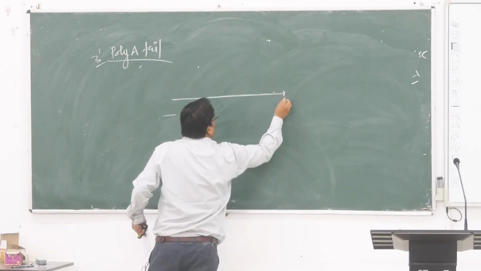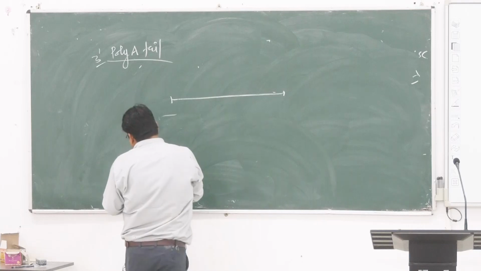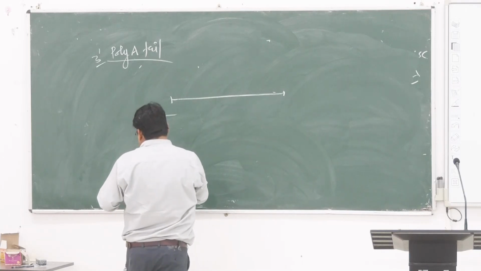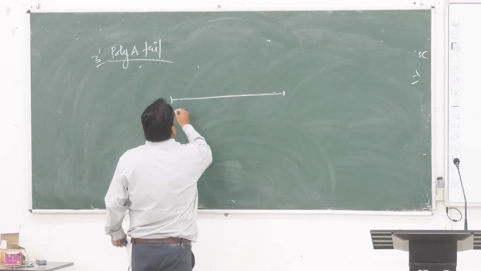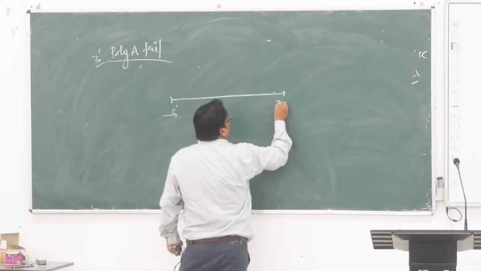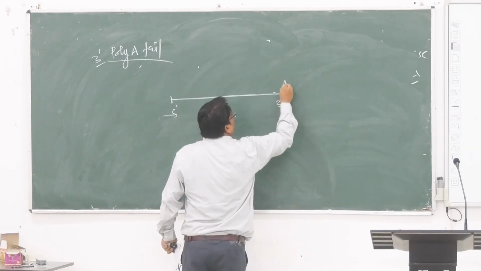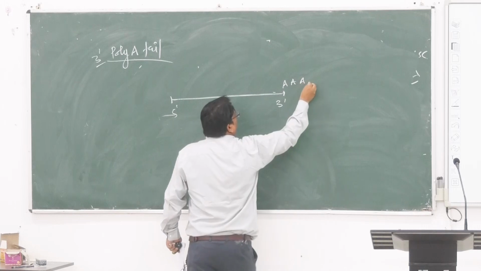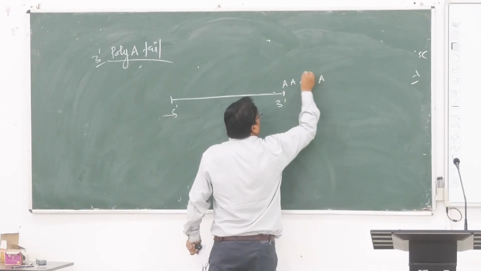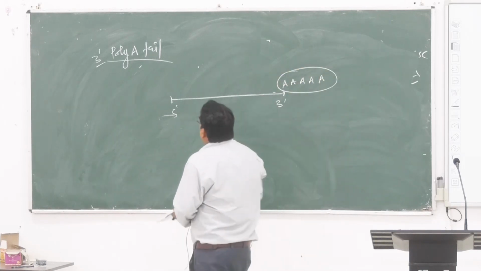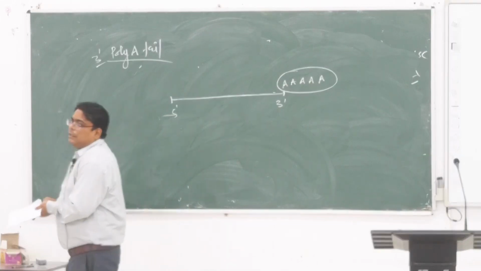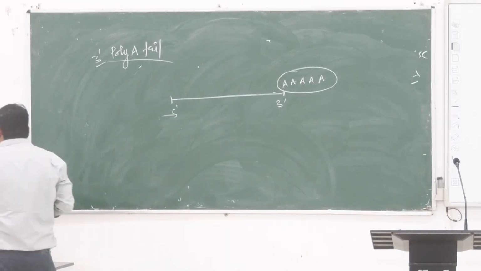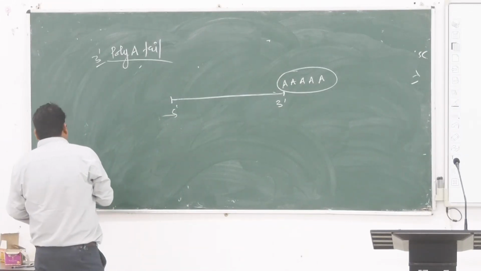From 5 prime to 3 prime, there is continuous addition of adenosine groups to the 3 prime end, which we call the 3 prime poly-A tail.